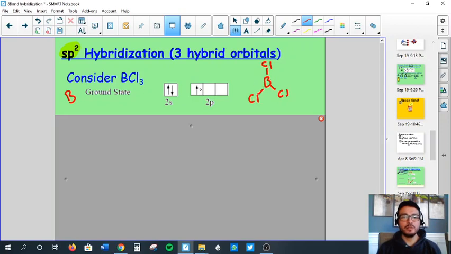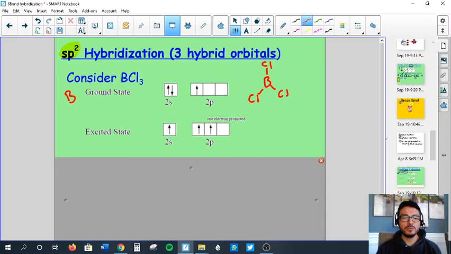In its ground state, we only have room for one bond. What do? We promote. So your excited state looks like this, with this one electron being moved into the 2py and changing its spin, spin up, spin up, spin up. We now have these three required half-filled suborbitals that will be used to create those three bonds.